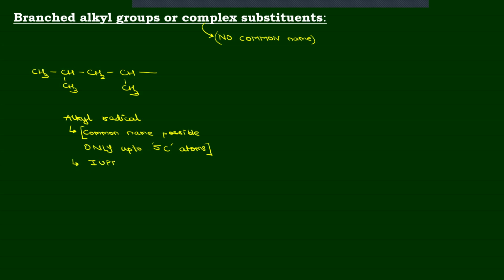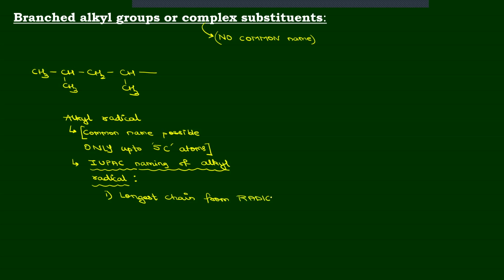So there is a simple rule for IUPAC naming of alkyl radicals. The rules are similar as we have discussed for the organic compound alkane. But उसमें छोटा सा twist है. Twist ये है कि here you are supposed to identify the longest chain, of course, of carbon atoms, but the longest chain will be selected starting from the radical, meaning the free valency.